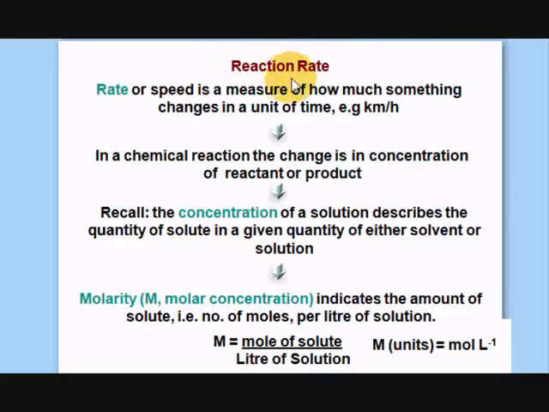Okay, so our reaction rate, very importantly, is the change in the concentration of reactant or product in a chemical reaction. When a reaction takes place, you initially have a concentration of the reactants, but as the reaction proceeds, you have an increase in the concentration of the product. So the reactant concentration decreases and the product concentration increases, and this is the rate of reaction.